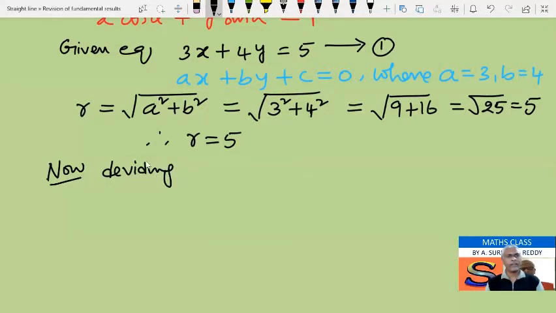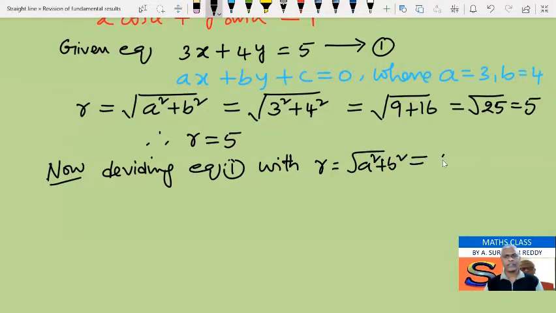So dividing equation 1 with the r value, that is under root a square plus b square, that is 5.